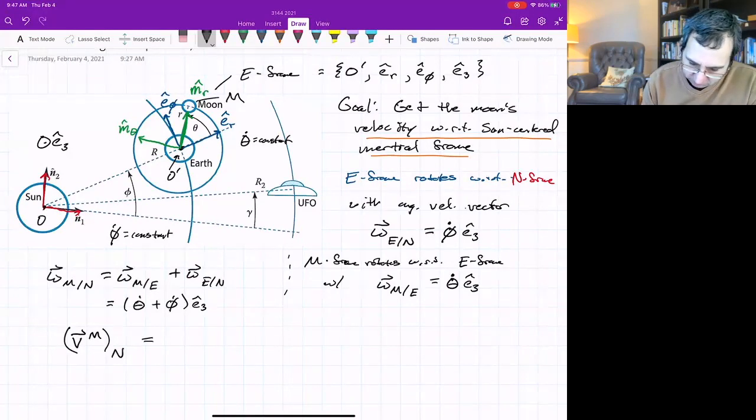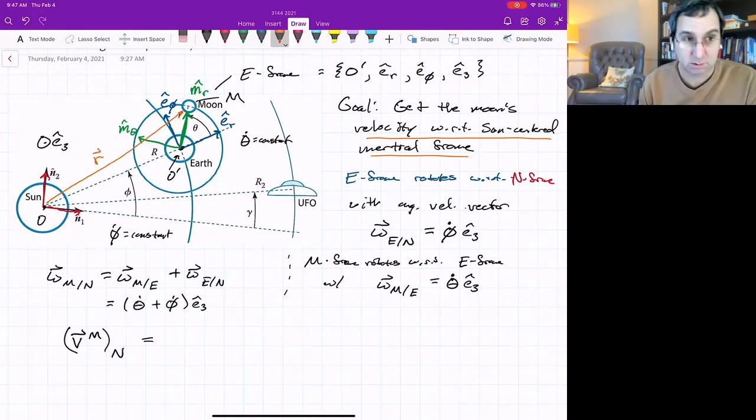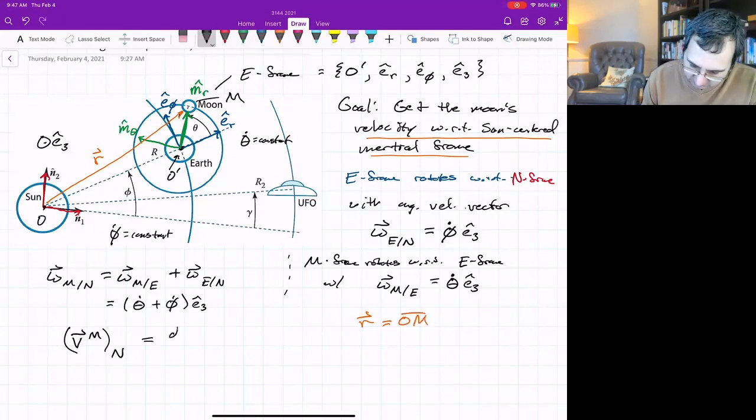This is also, if we were to define the vector going from the sun to the moon, we'll just call that R. And what is R? R is the vector from O to M. This is the derivative of R with respect to the N frame.